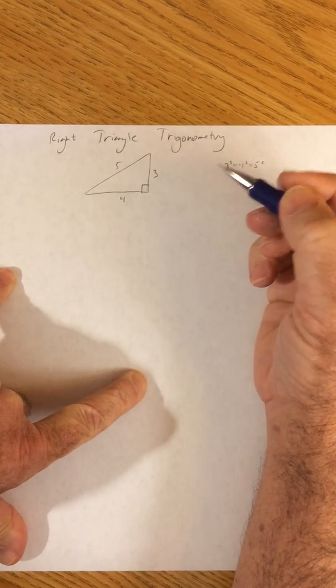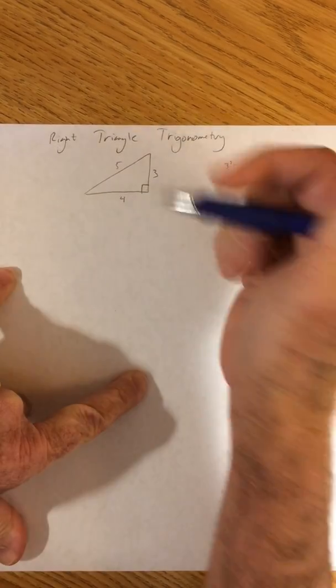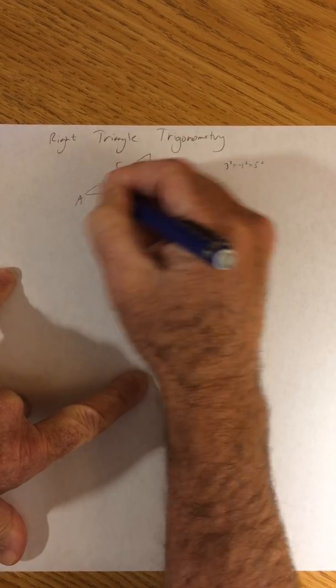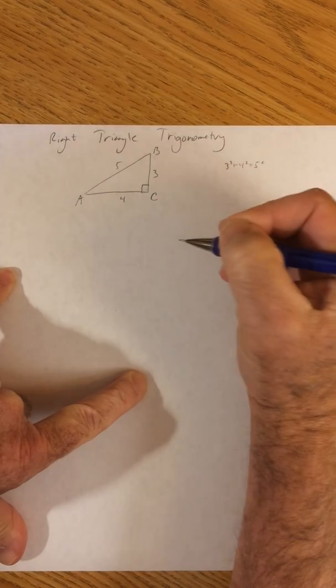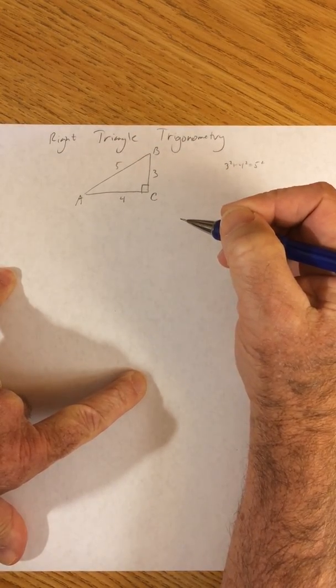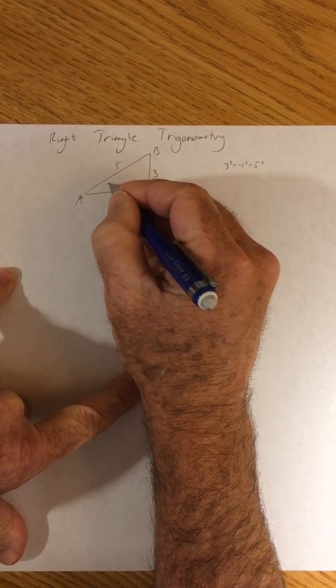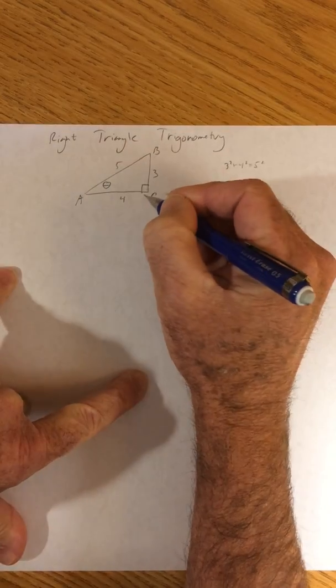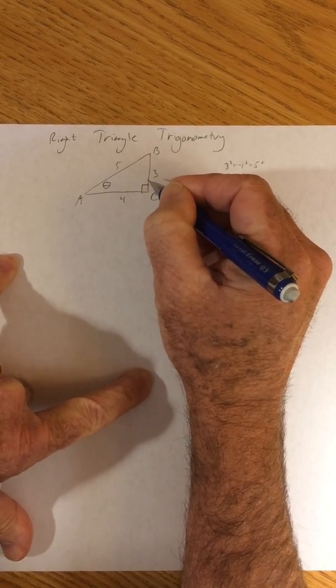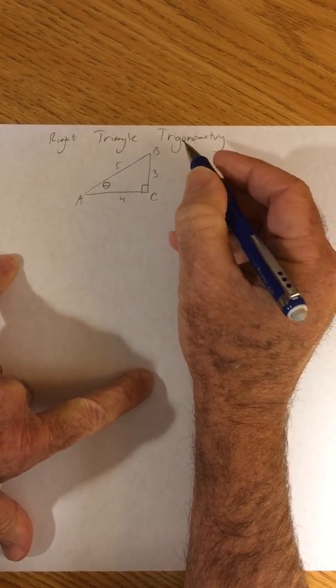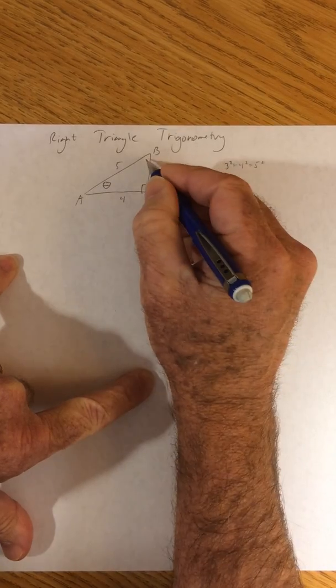And traditionally in trigonometry, we'll probably label this like A, B, C. And we could put some different angles in here, and a lot of times what we'll do is we'll put Greek letters in there. It's tradition in trigonometry to use Greek letters. So we'll put a theta here, and here's another Greek letter.